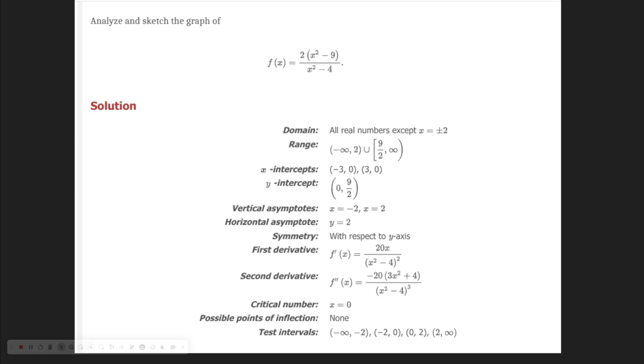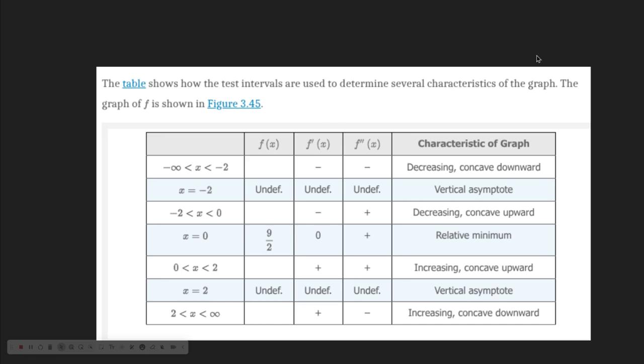We don't have any points of inflection because you cannot solve the second derivative equal to 0. And so we're going to test these intervals based on our domain and our critical points. So let's look at what the calculus tells us.